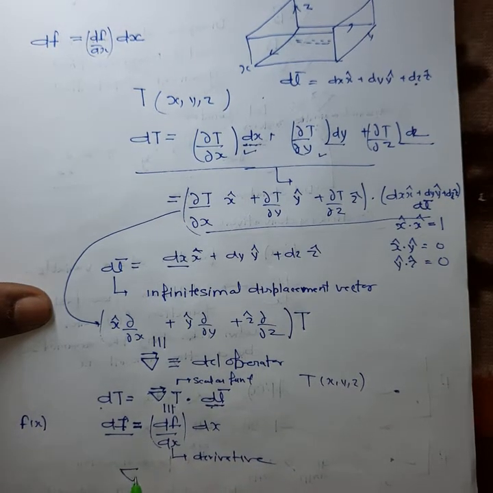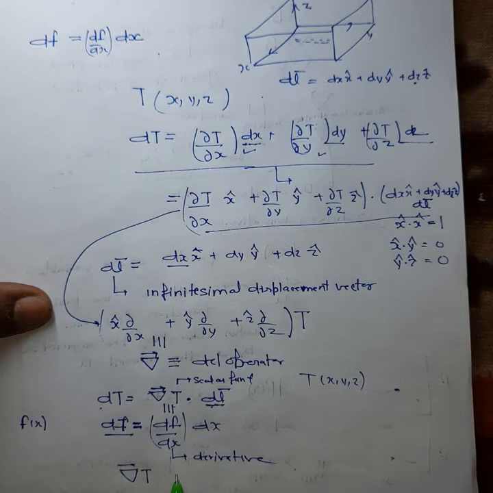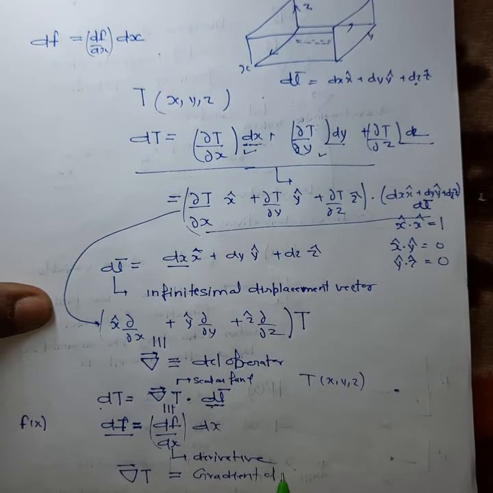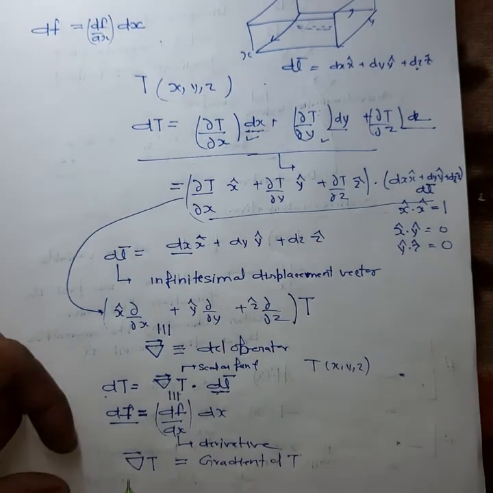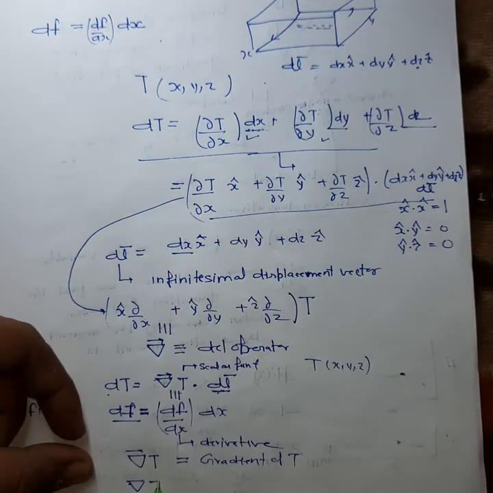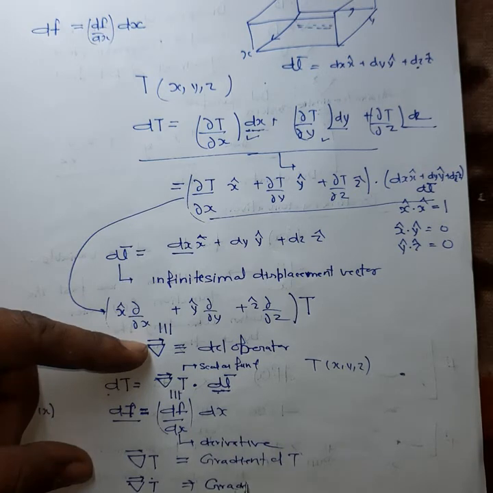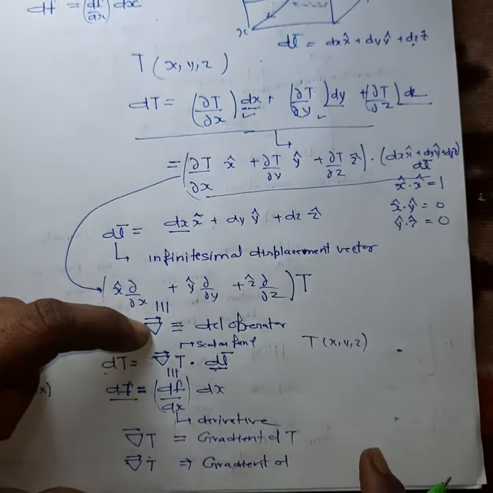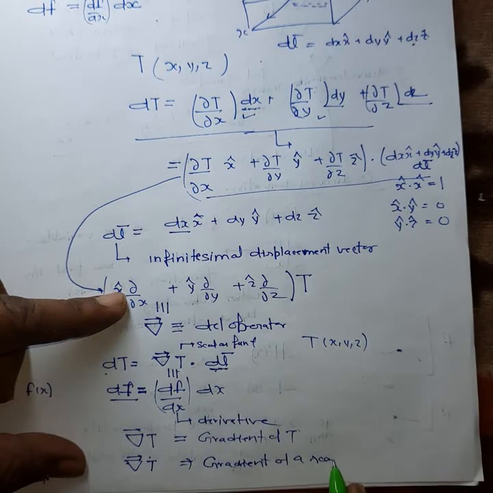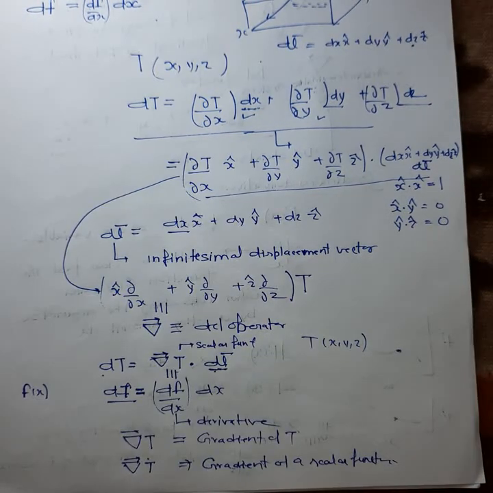This is called the gradient of T, or in general you can define this type, if T is a scalar, as the gradient of a scalar function. We should note here that T was a scalar function.